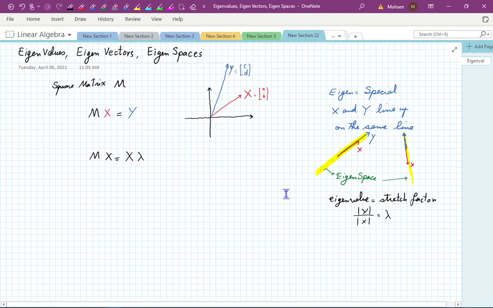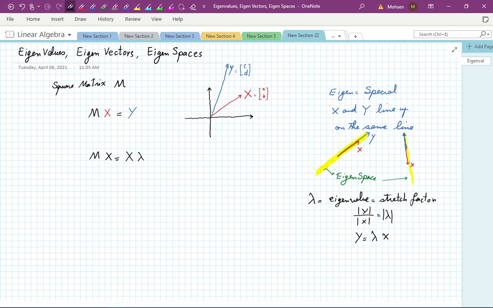So let me go ahead and make a correction here. If you say y is equal to lambda times x, that lambda is the eigenvalue, which is the stretch factor. So that y I wrote lambda times x, or x times lambda, either way.